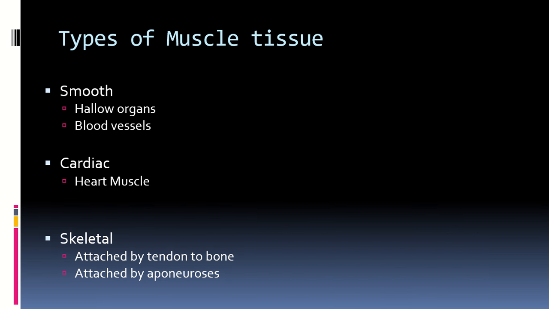Now, types of muscle. This will be one of the last things that we're going to cover. You have smooth muscle, cardiac, and skeletal muscle. Smooth muscle is what helps build up hollow organs, and it helps build blood vessels.